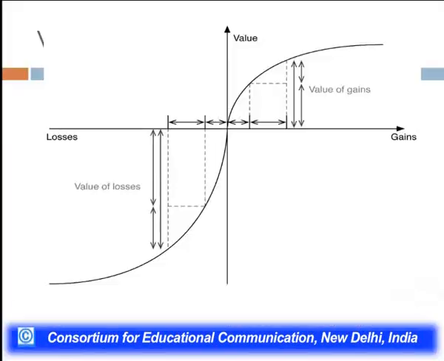So, we can explain it with the help of this graph, where on the x axis we have loss and gain and on the y axis we have the value we have earned or we will get from this loss or gain.